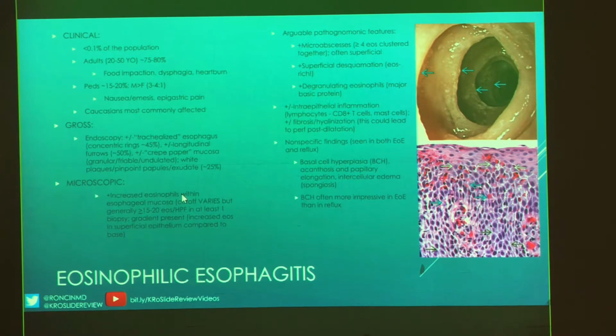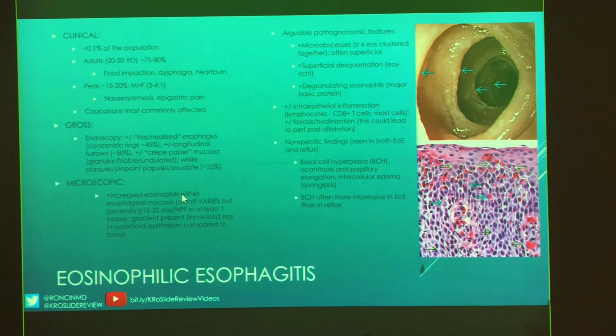On endoscopy, so I tried to correlate as much of these findings with endoscopy as I could for you guys. This is where they will talk about the trachealized esophagus. They'll actually develop concentric rings in almost half the cases.